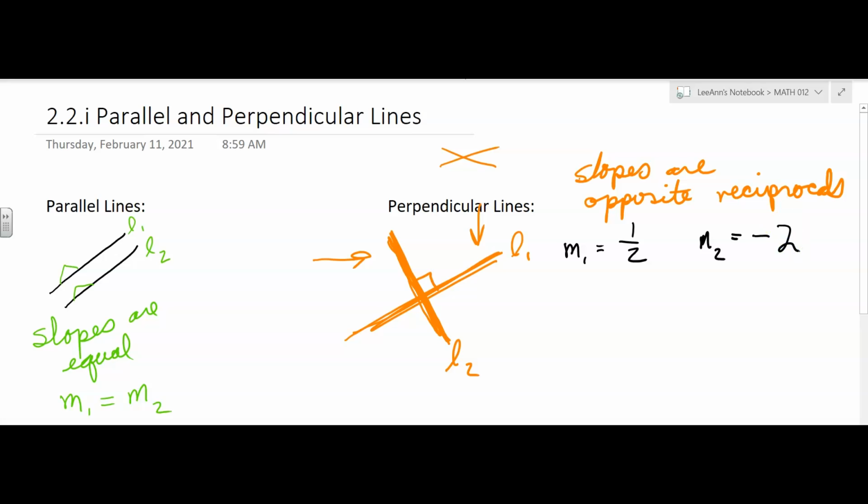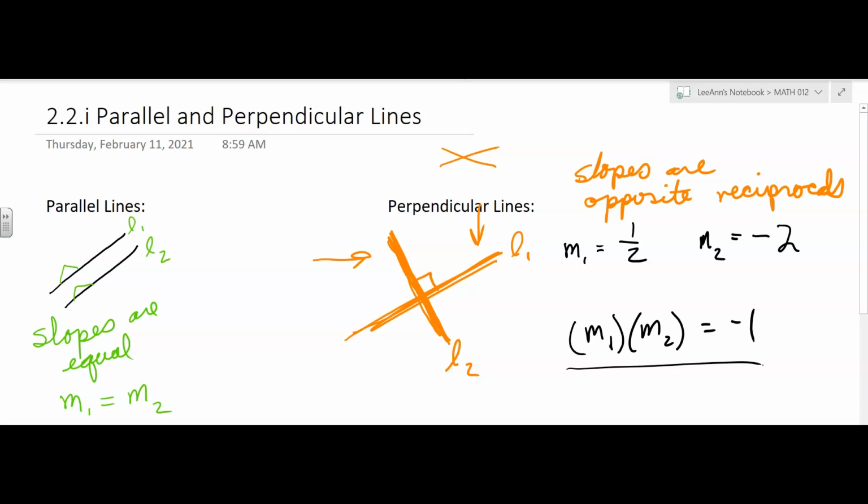Okay? Another way they'll say it sometimes is if you take the two slopes, m1 times m2, it's going to always equal -1 if they're perpendicular. Okay? So I always think of it as opposite reciprocals, but you can also use this test as well.